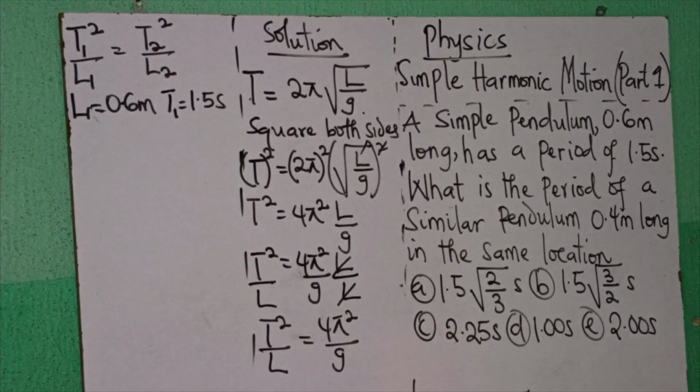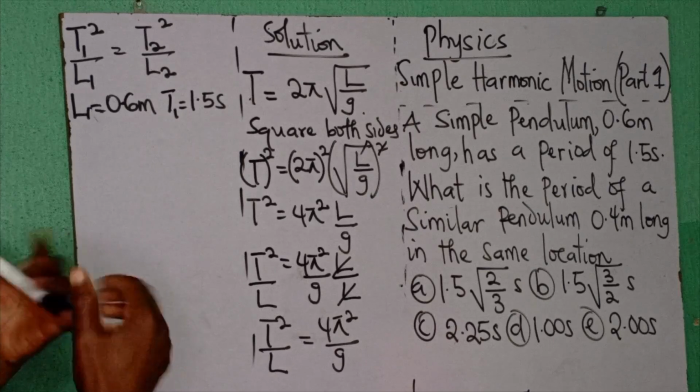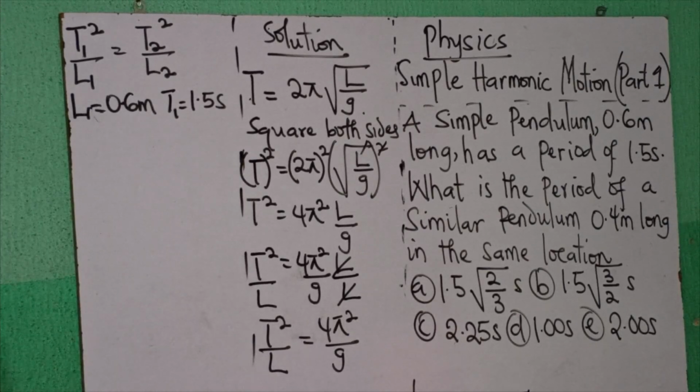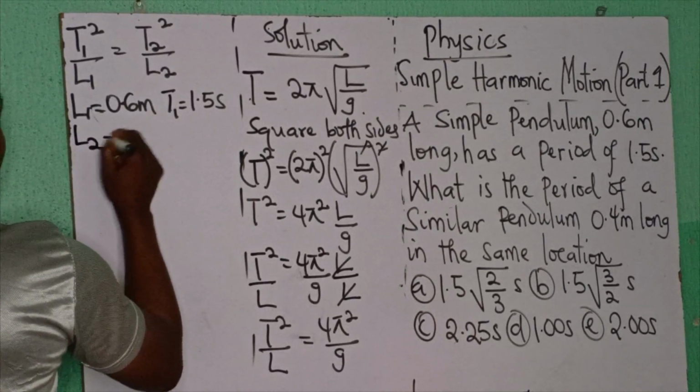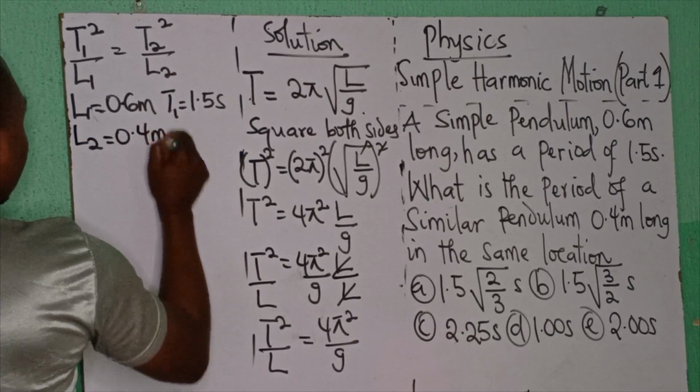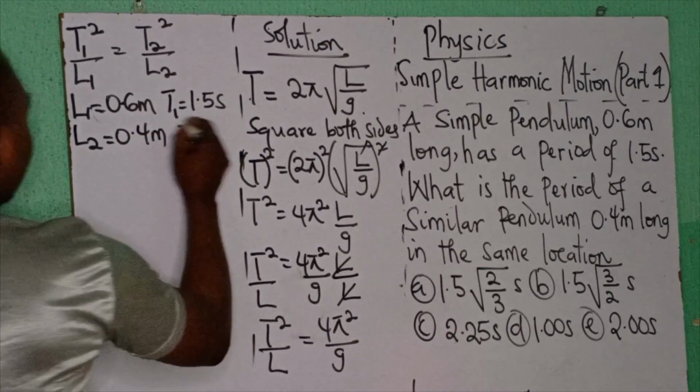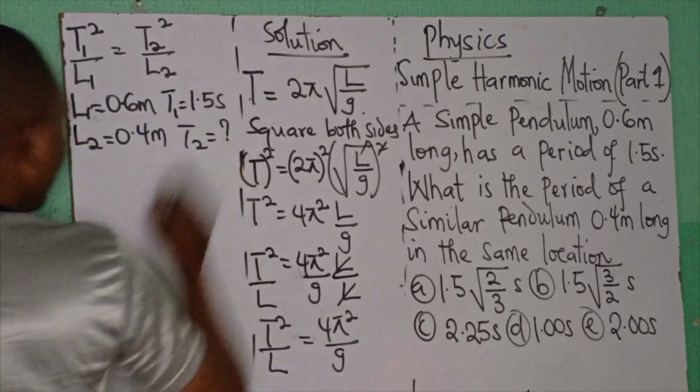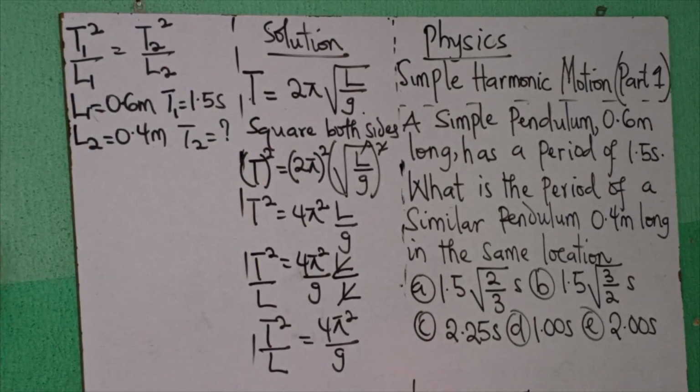Now, what is the period of a similar pendulum 0.4 meter long? The length has reduced, so my L2 equals 0.4 meter. Then my T2 is unknown.